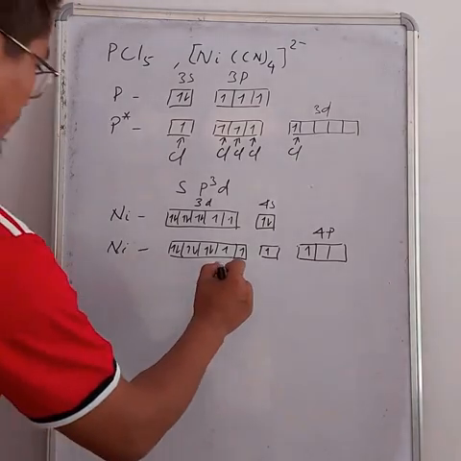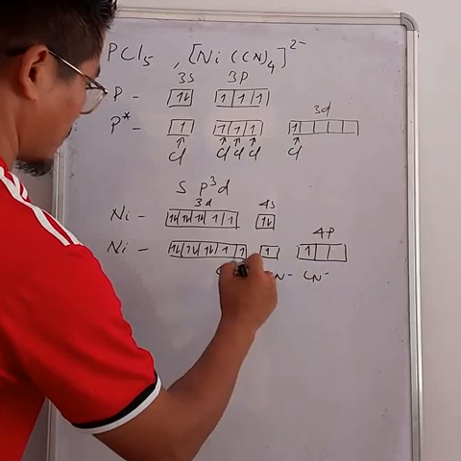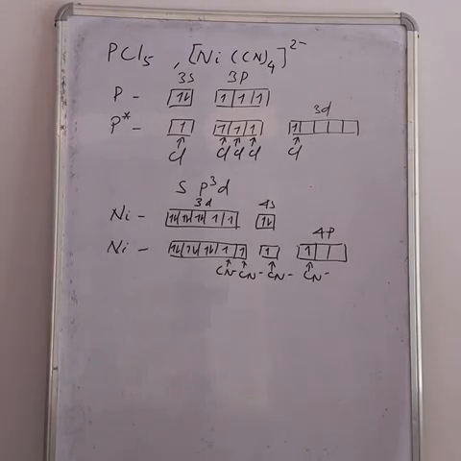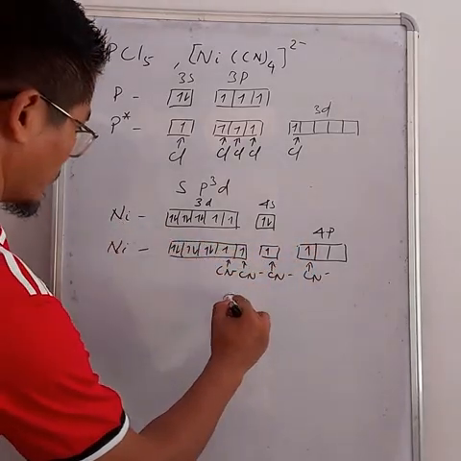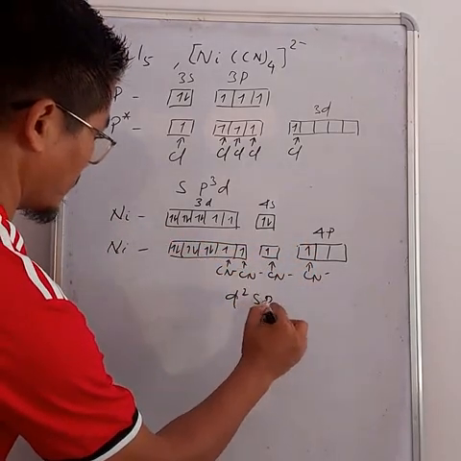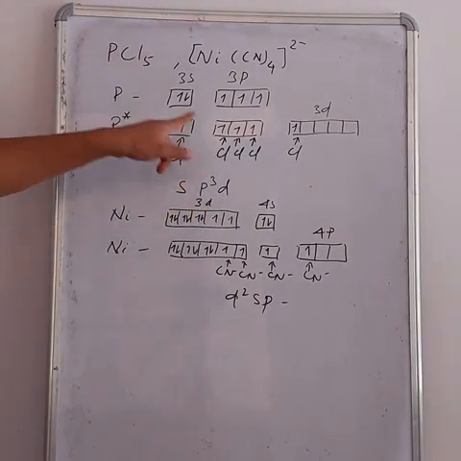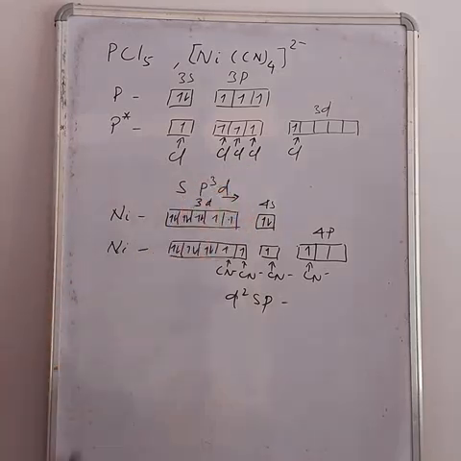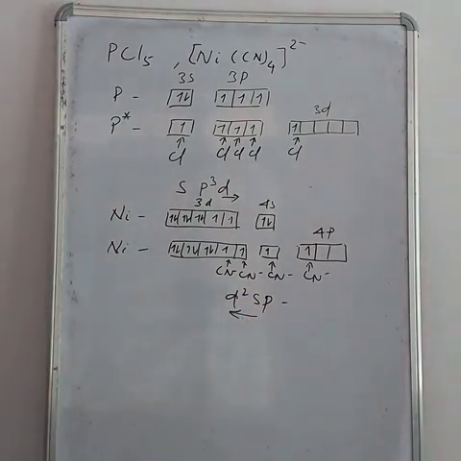So all the cyanide ions will enter or pair up with the nickel. And so here we have 2d, 1s and 1p. So d2sp hybridization. So this type of hybridization where the d orbital is on the outside is called the outer sphere, and then if the d is only inside, then it's called the inner sphere hybridization.